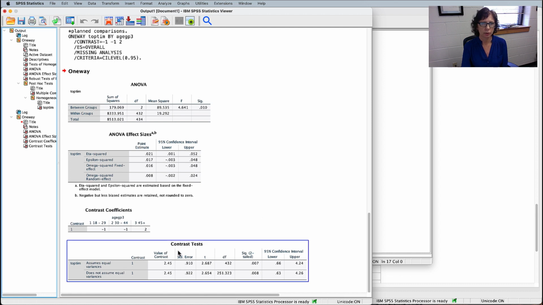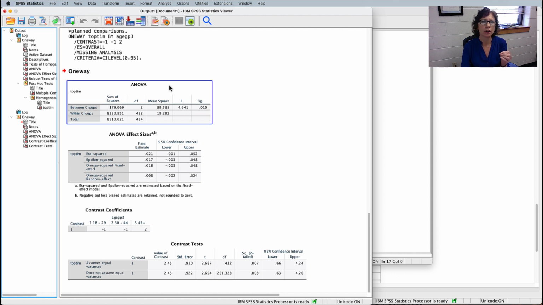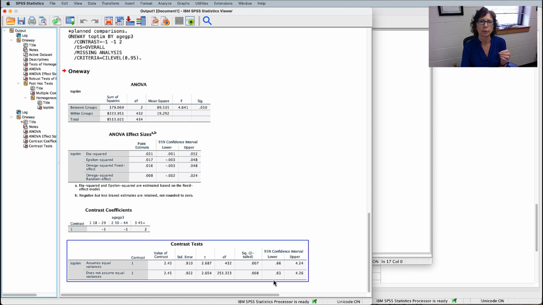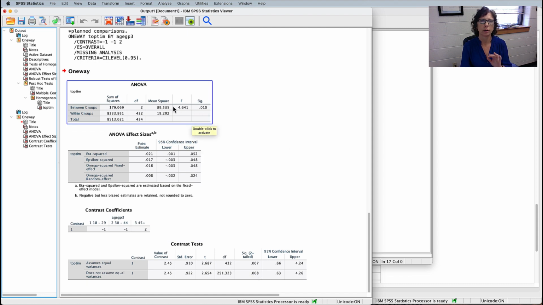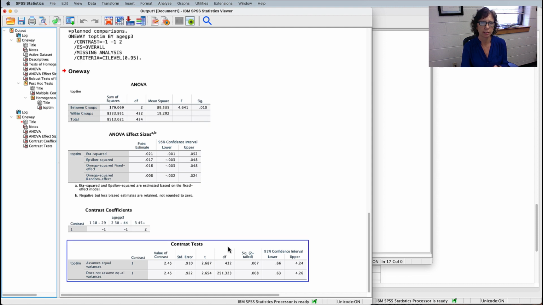And then we're into our contrast tests. This is kind of like, we tell the reader about the full model, and then we tell the reader about the details. So we already have our F-test for the full model. We look at contrast tests to look at the difference between group 3 compared to group 1 and group 2 together.